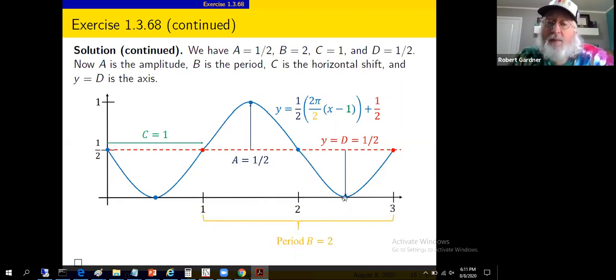Goes down, amplitude's 1/2 units. And it finishes a single wave in a period of 2 units, from 1 to 3. So that reflects D, the translation upward, C, the translation to the right, like a phase shift, and the amplitude A in the period B. So that picture contains all the stuff we know about that function. So it looks like that.